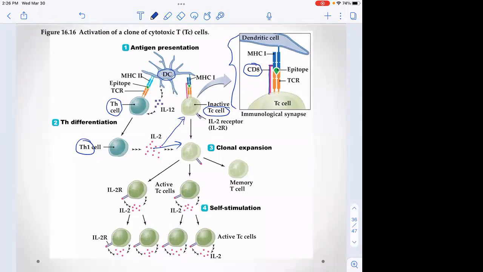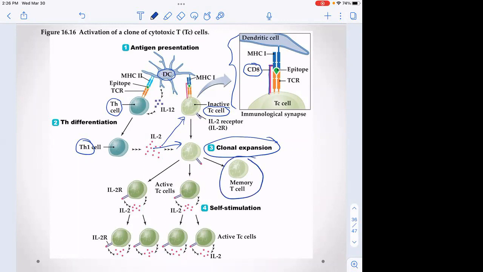You want to make sure that those cytotoxic T cells aren't just killing cells willy-nilly. These are our own cells, right? So when it gets the right signals, it's going to undergo clonal expansion. That means it makes many more of itself, divides many times, and you also get some memory T cells.